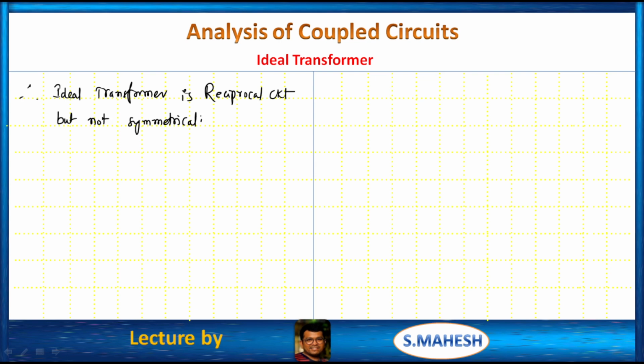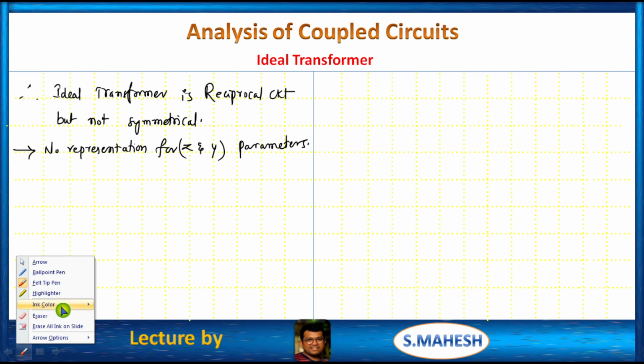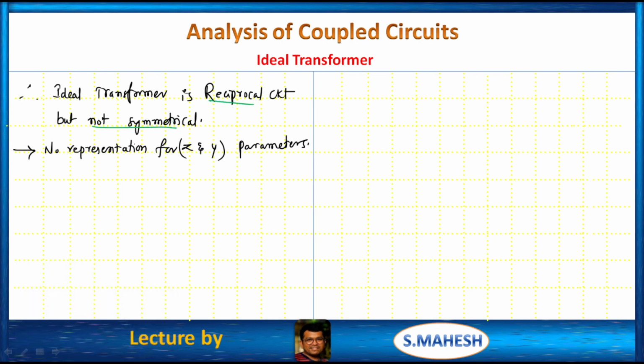This is very, very important. And one more important point, there is no representation for Z and Y parameters. Only we have H and ABCD. Clear? Okay. Reciprocal but not symmetrical.